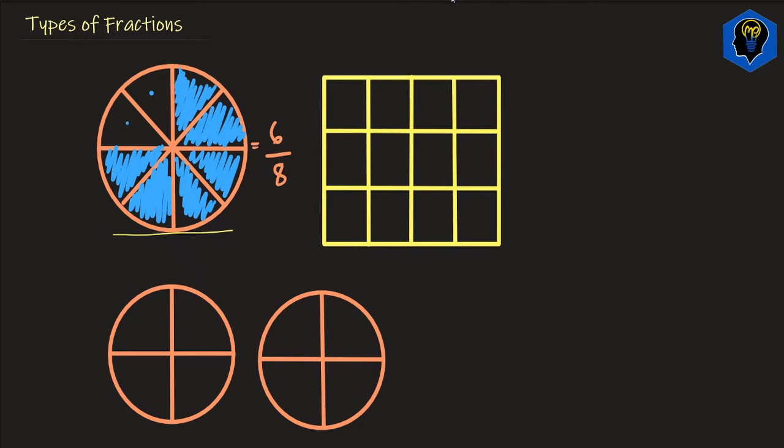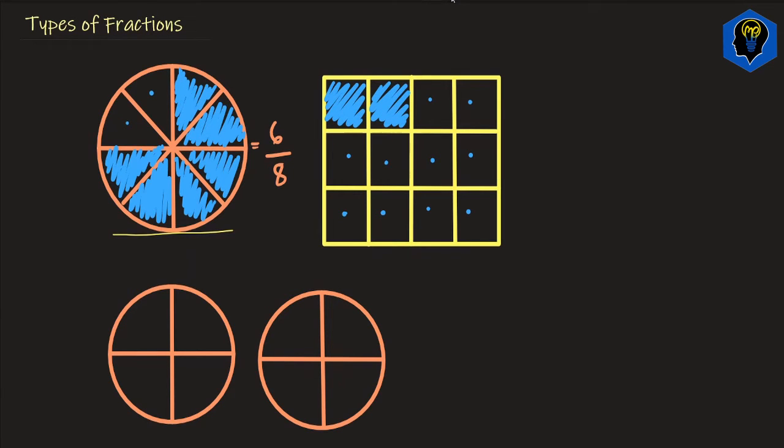Now, let's look at another example here. Meron naman tayo ditong rectangle which is divided into 12 parts. So, let's count again. 1, 2, 3, 4, 5, 6, 7, 8, 9, 10, 11, 12. And if we will be shading, let's say shade natin 9, no?